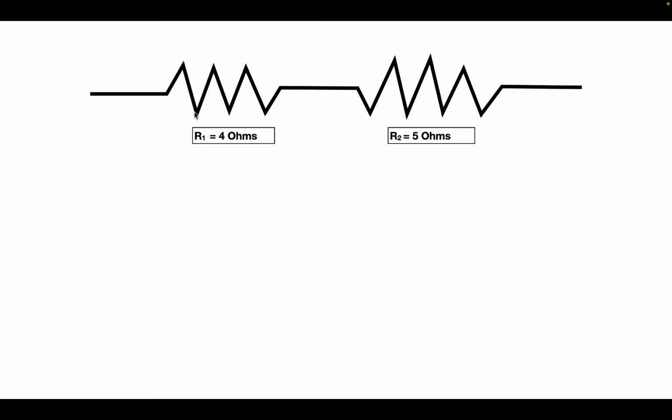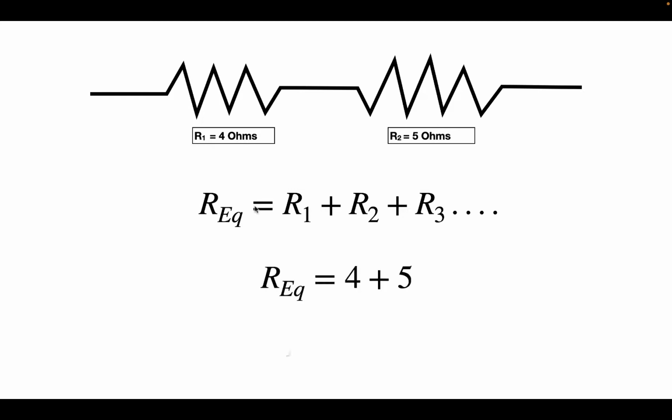Now we can combine these two resistors together in order to find the equivalent resistance or the aggregate resistance. The way you do that for resistors in series is by using this equation here. The equivalent resistance is going to be equal to the sum of each individual resistance of all the resistors in series. When we do that, we see that the equivalent resistance in this case is going to be 9 ohms.